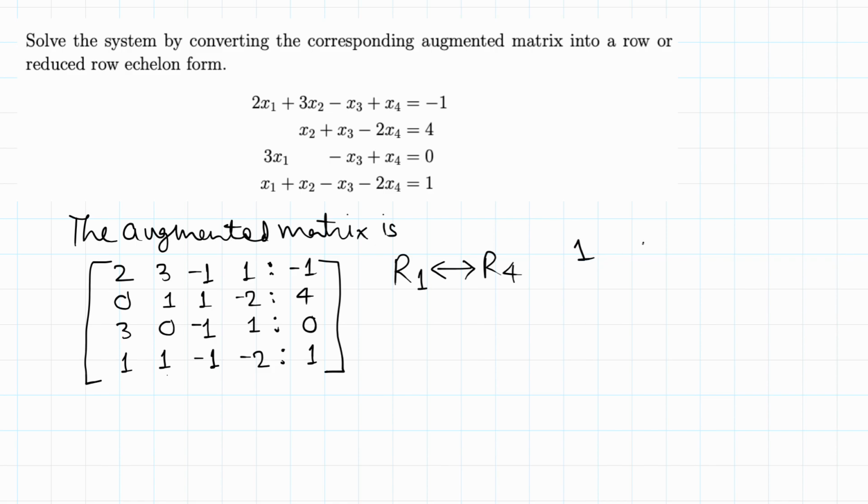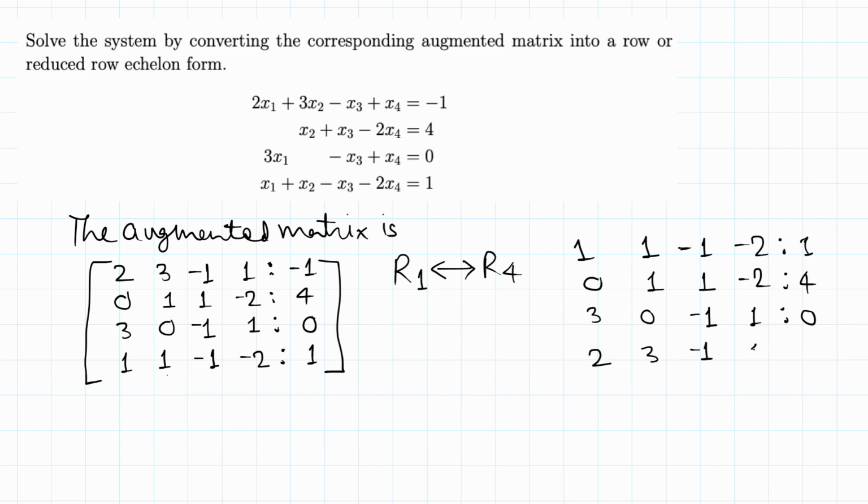First 1, 1, negative 1, negative 2, 1. That's the fourth row. Then 0, 1, 1, negative 2, 4, 3, 0, negative 1, 1, 0. Now the first 2, 3, negative 1, 1, negative 1.